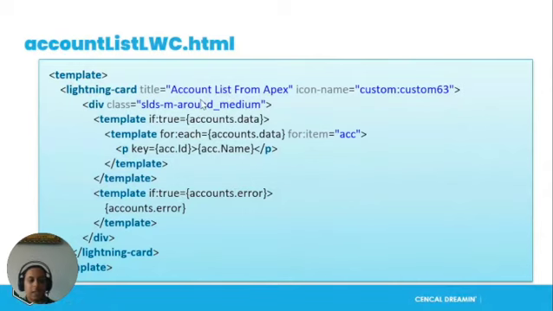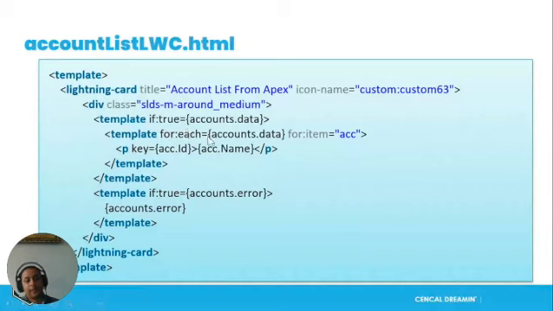After that, we can use some conditions, for example template if:true. If I have data, I need to do a for each. So I can show all accounts if accounts.data is not null, not false.